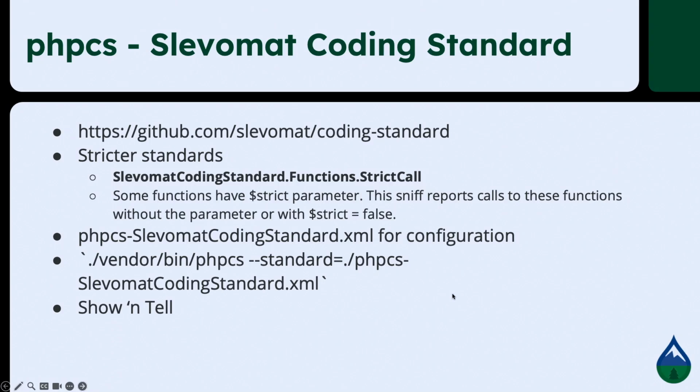So this one, the Slevomat coding standard, I don't know how you say that, I've added because you can turn on stricter checking of some of the logical checks. I'm trying to remember, is array one of them? You can put in true at the end of it. It makes it much stricter type checking. If you turn this on, it'll catch those errors.